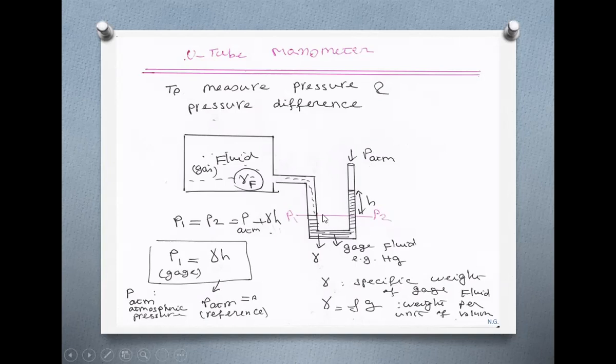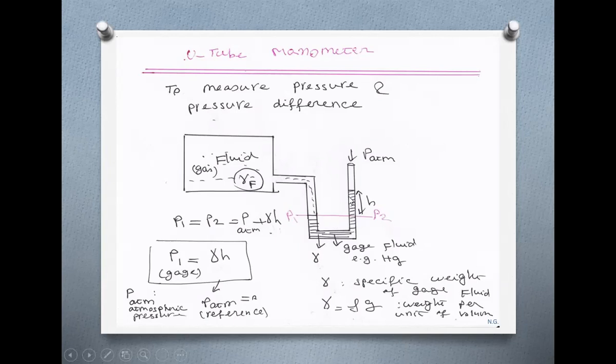And P2 is the same as P1 because they are in the same fluid, the same level. You may ask me, here it is on the border. Doesn't matter. You can consider it as a part of this fluid or this fluid. So anyhow, these 2 points, 1 and 2, are on the same level, the same fluid. So P1 is equal to P2.